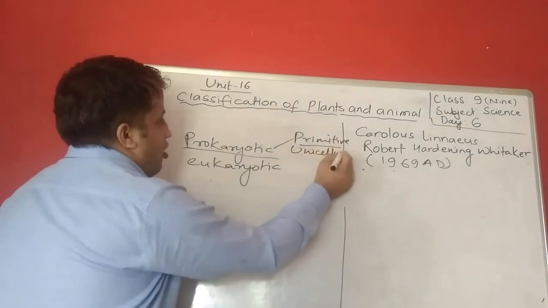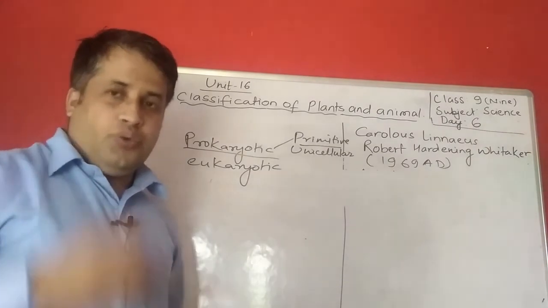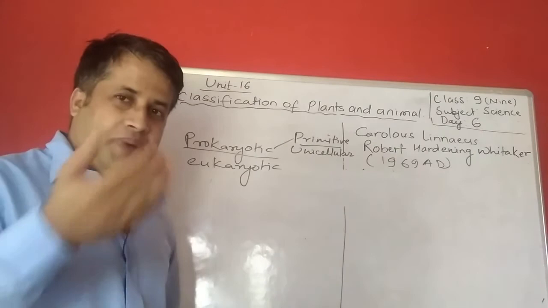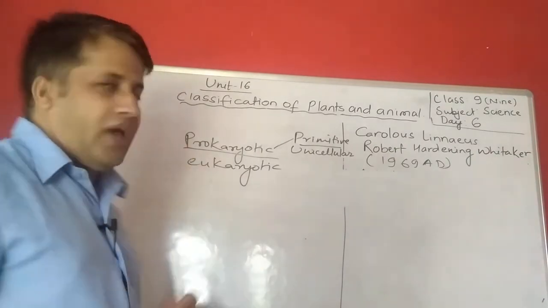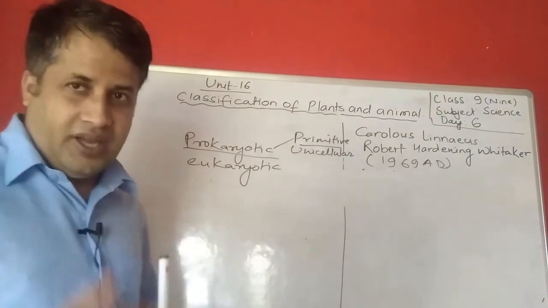All those living organisms which were unicellular and of the most primitive type of cell were classified under prokaryotic organisms. On this basis he divided them.